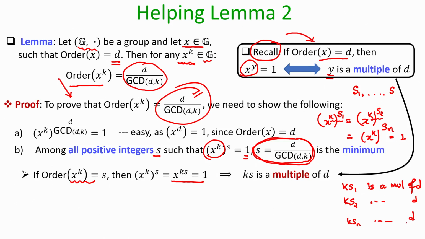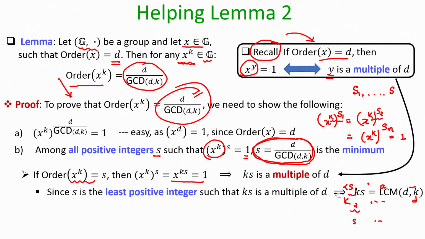Now, I have to focus on the smallest si such that k times si, which is a multiple of d, satisfies the condition that x power k times si is giving you the identity element 1. Okay.